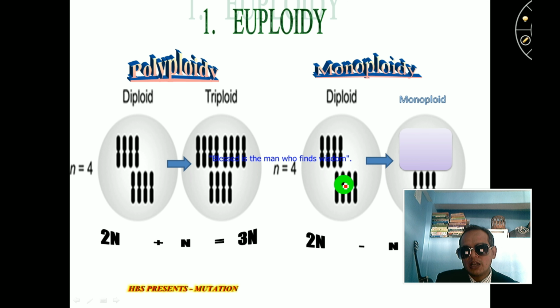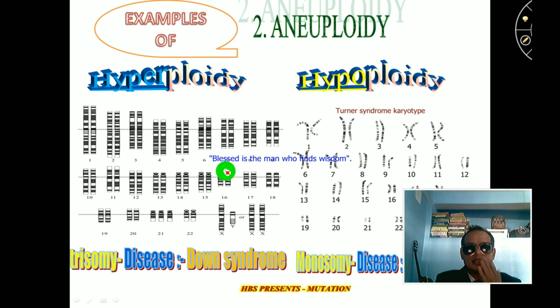We have 2n number of chromosomes, but 1n, n meaning half the number of chromosomes, is reduced. Half the number of chromosomes of this cell, the 4, is reduced here, and only 4 remains, which leads to the formation of monoploidy. Okay, so 1 here, mono comes from 1. It's not that hard to understand. Come to aneuploidy.